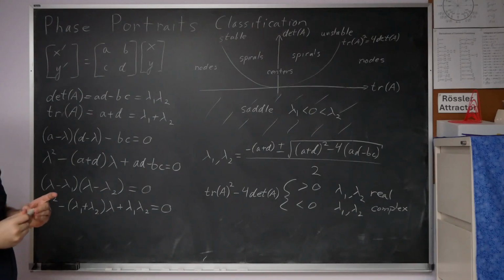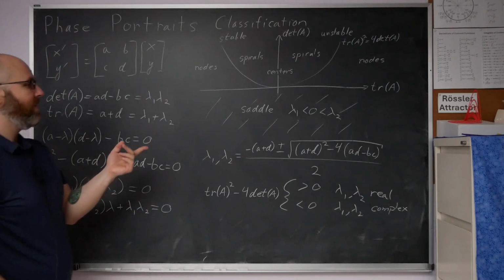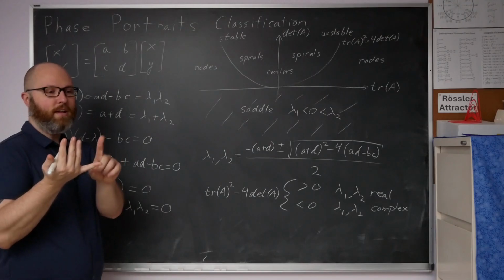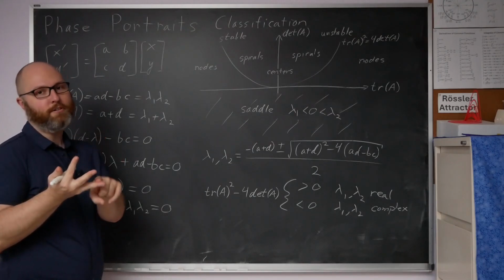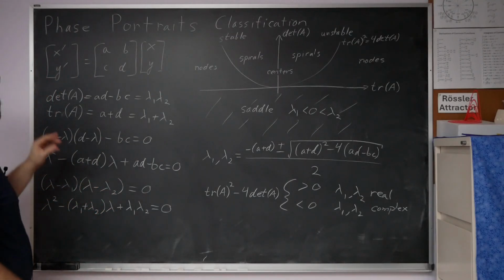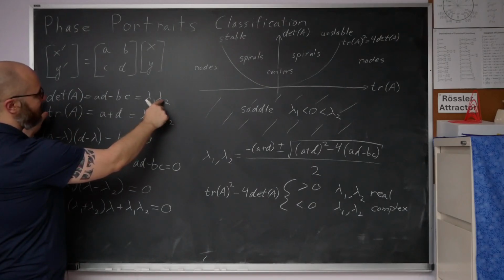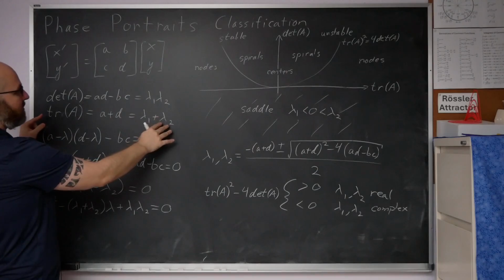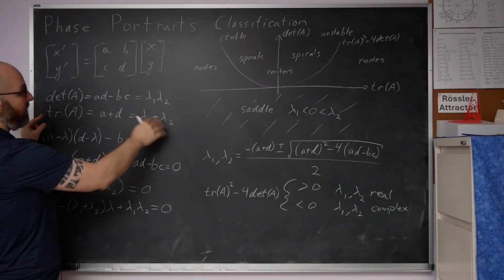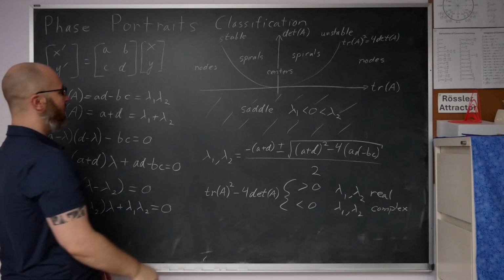One of the easier edge cases is the non-isolated fixed points. That one's going to occur when we have one non-zero eigenvalue and one zero eigenvalue. If one of the eigenvalues is 0, then the determinant is going to be 0. And then the trace will be positive if lambda 1 is positive, and negative if lambda 1 is negative, assuming lambda 2 was the 0 one.